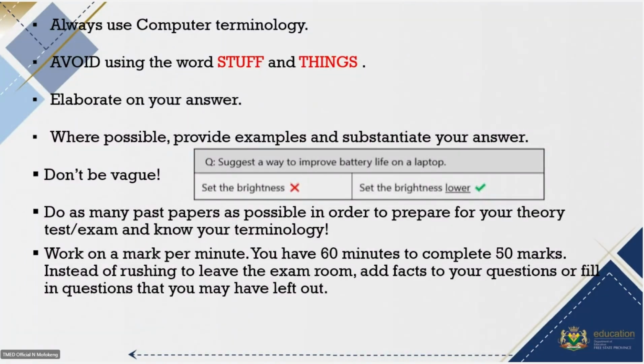So please don't be vague when you are answering. Do as many past question papers as possible in order to prepare for your theory test examination and know your terminology. Ensure that you know your terminology.